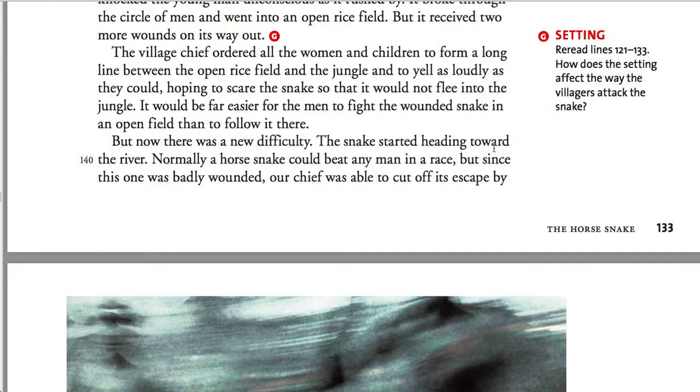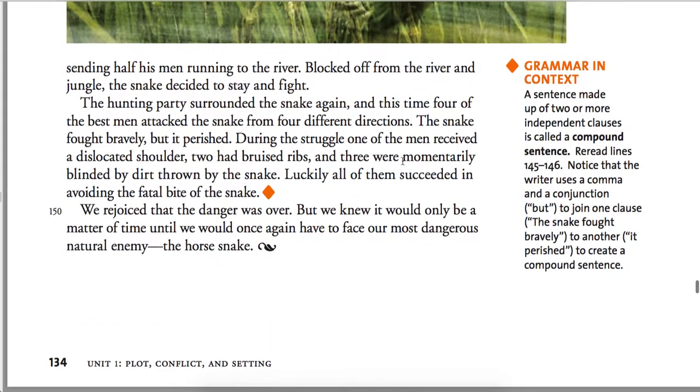The snake started heading toward the river. Normally, a horse snake could beat any man in a race, but since this one was badly wounded, our chief was able to cut off its escape by sending half his men running to the river. Blocked off from the river and jungle, the snake decided to stay and fight.